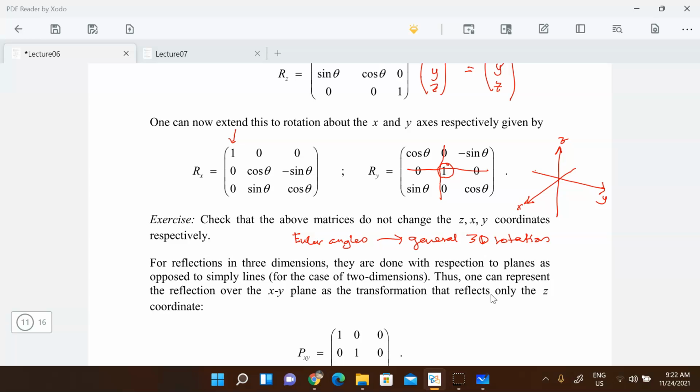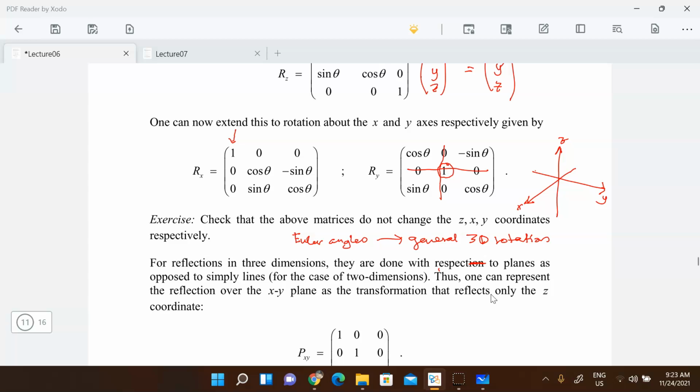Since you have 1 dimension extra, one cannot think of a reflection about a line, but one should be generalizing it to reflection about a plane. So they are done with respect to planes instead of lines.